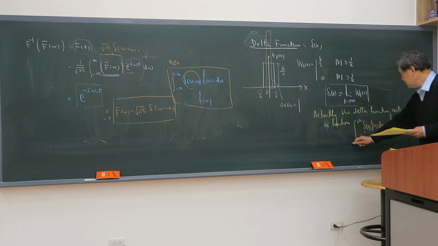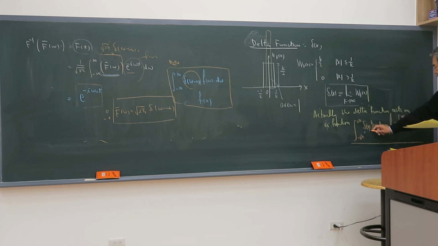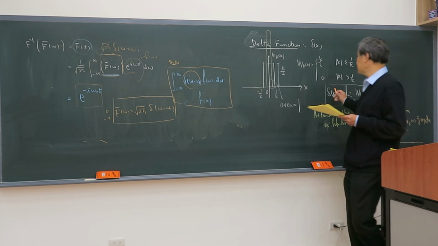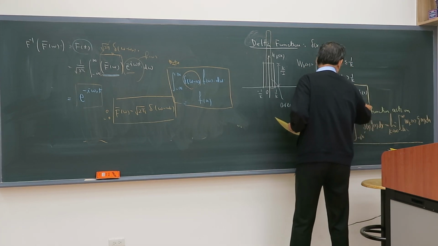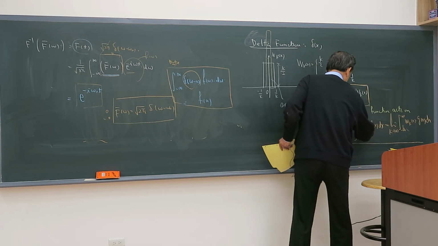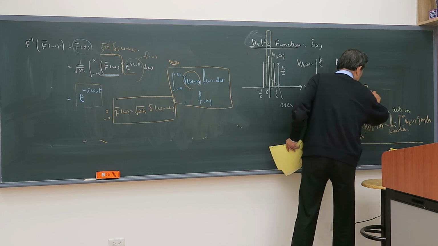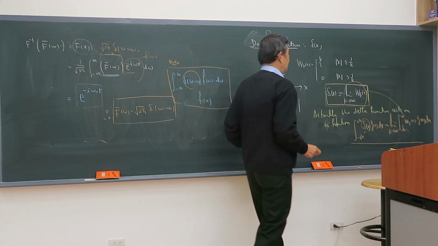So actually it is doing this, the limit of this w_k, just like the definition. I replace the delta by this in here.